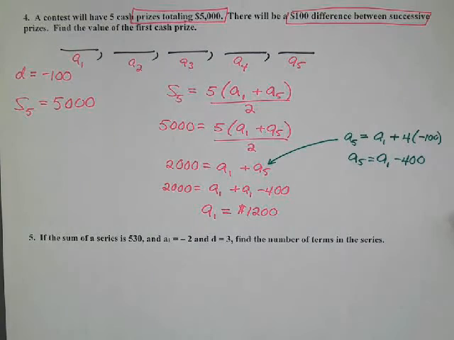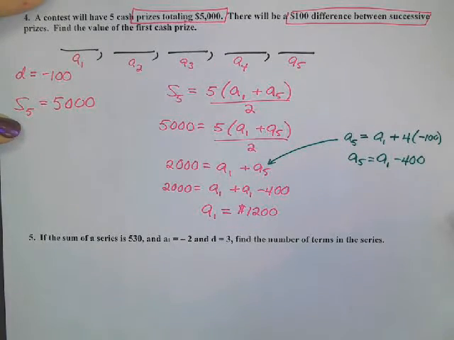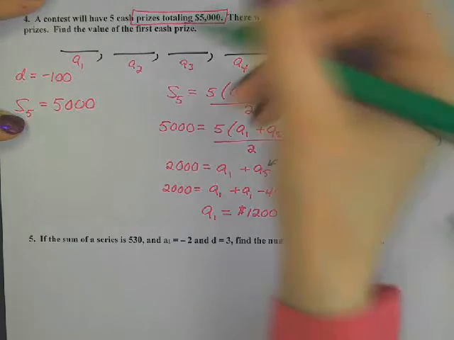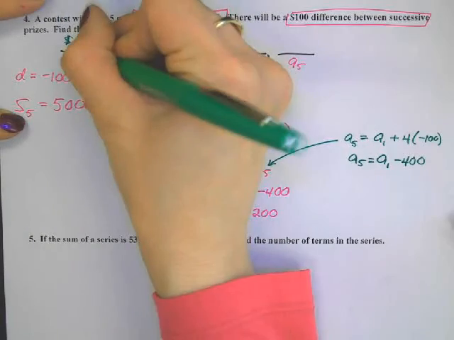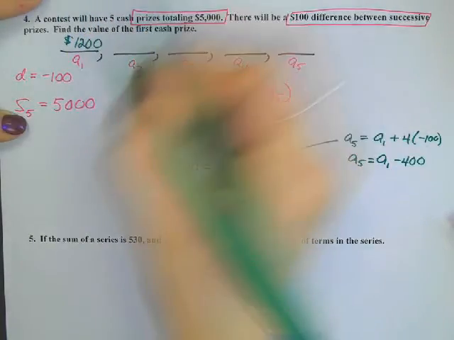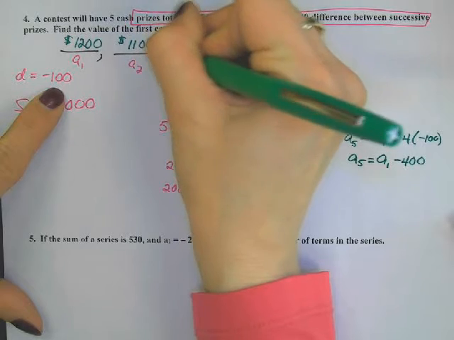So let's go up to these prizes because I was supposed to find the value of the first cash prize. I'm going to find all of them. I don't know if that means the first place one. A sub 1 is $1,200, and they're going down by 100, so that means $1,100.